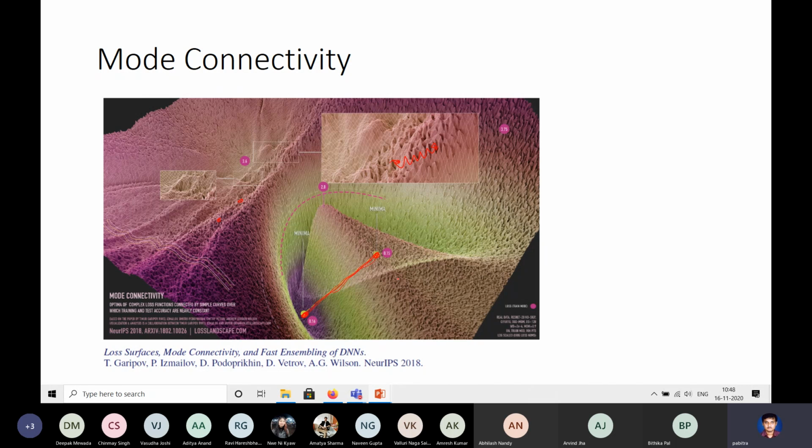This is a particular phenomenon in the flat region of the solution. So if you have already gone to a flat minima, you cannot do it for a sharp minima. If you have gone to a flat minima, many of these points have a smooth path between them.